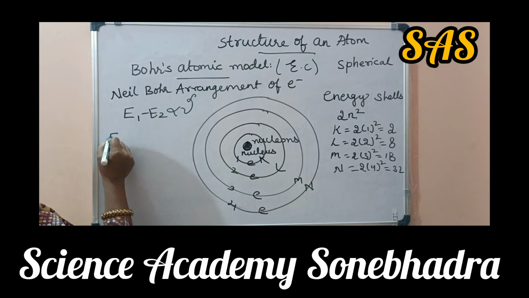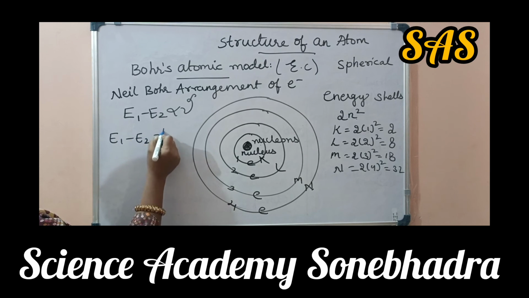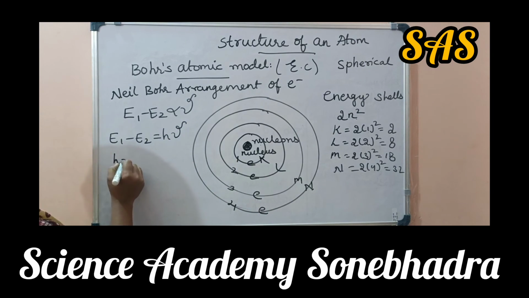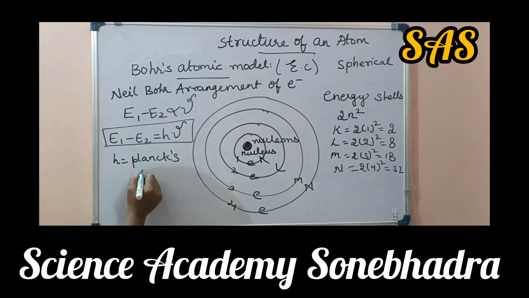As you all know, to remove this proportionality symbol and put an equal to, we use a constant, and here we are using the constant h. And what is that h? h is Planck's constant. As this equation is given by the famous scientist Max Planck, this h is called Planck's constant.